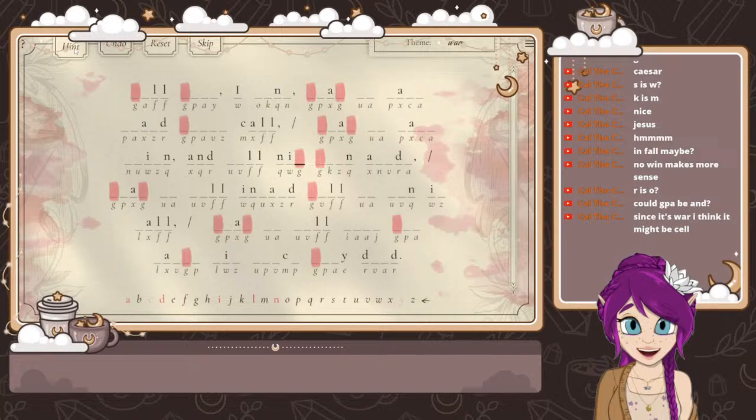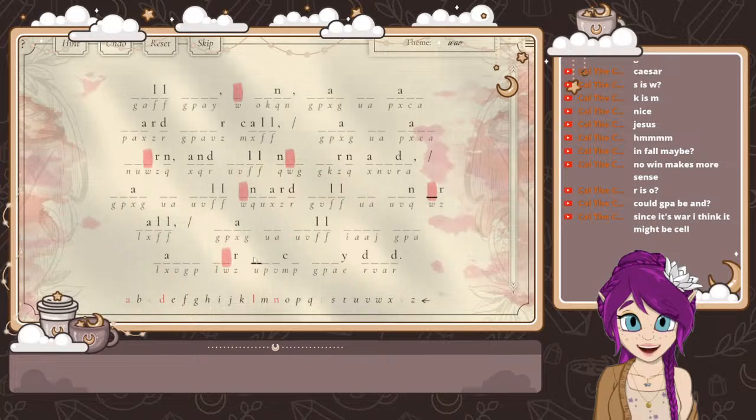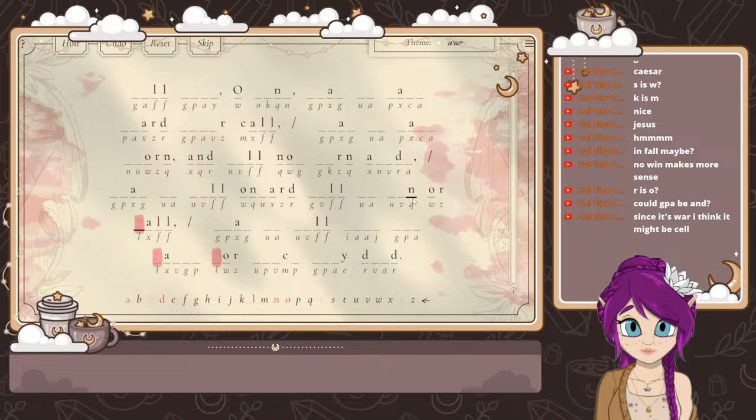I can look at a hint. Okay, I got the R. So something R. F-A-R. R. Something R? What's a two-letter word with R? Or? Oh, it's not an I, it's an O. Okay.